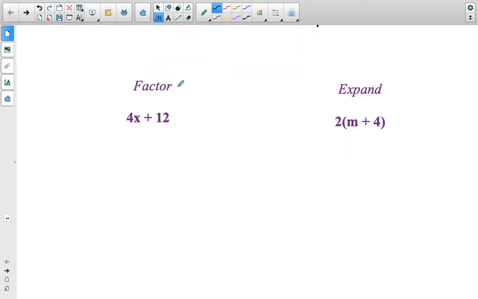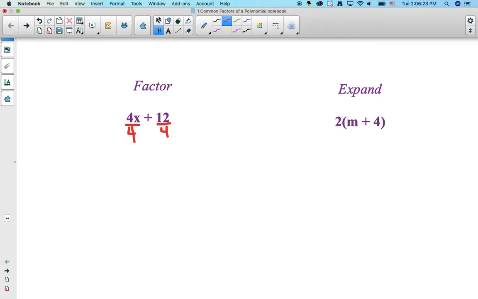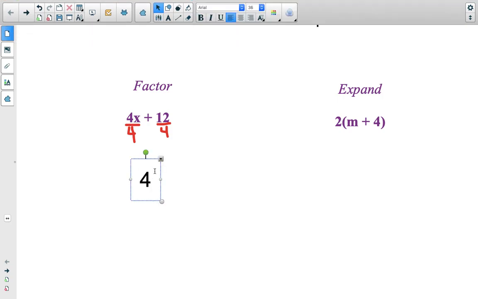To do 2 examples with you, let's factor. If I take a look at both these terms, 4x and 12, I know this is a binomial. What can I divide out of both of these terms, because I want to factor something out? I know I can divide a 4 out of both of these terms. 4 divided by 4 is 1, so I'm left with 1x plus, well, 12 divided by 4 is 3.